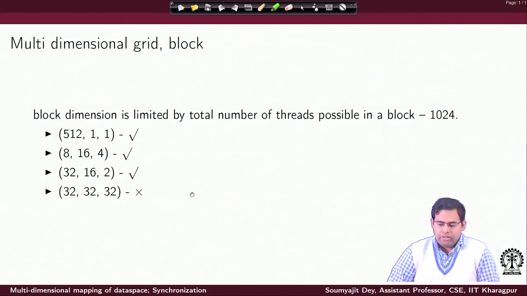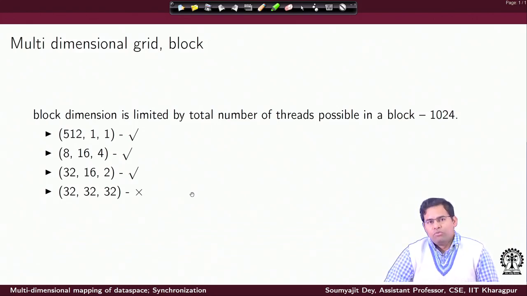Now, there is some other significantly important thing here, which is that a block's dimension is limited by the total number of threads that you are allowed to pack inside a block, and this number is 1024. So, when you are launching a CUDA kernel, the block's total number of threads cannot be more than 1024.